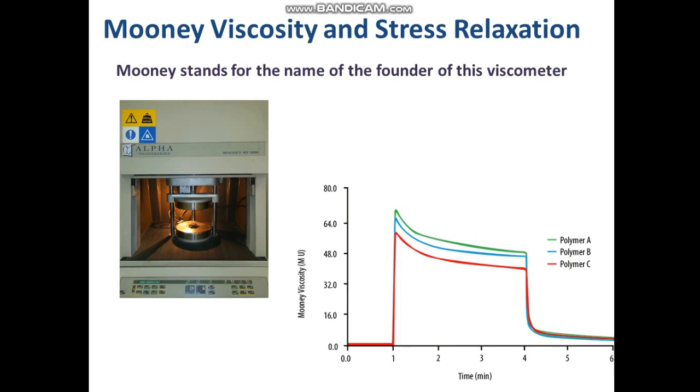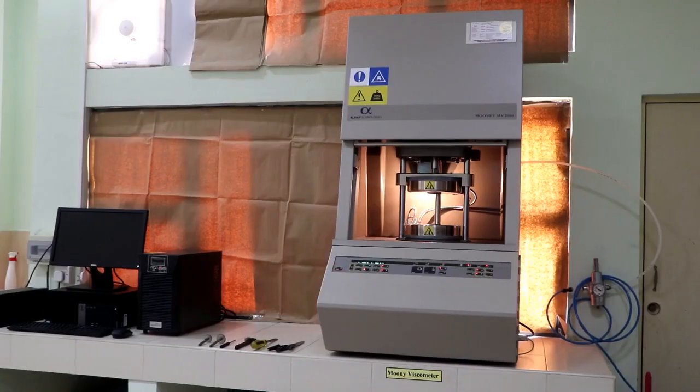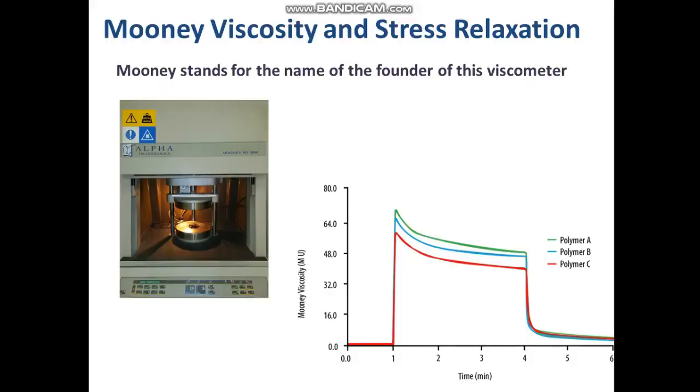Here you can see the Mooney viscometer available in our laboratory, the Mooney MV2000 series. The manufacturer is Alpha Technologies. From this Mooney viscometer we can obtain this type of graph. On the y-axis, it gives the Mooney viscosity in Mooney units, and the x-axis shows the time values, meaning the testing time.